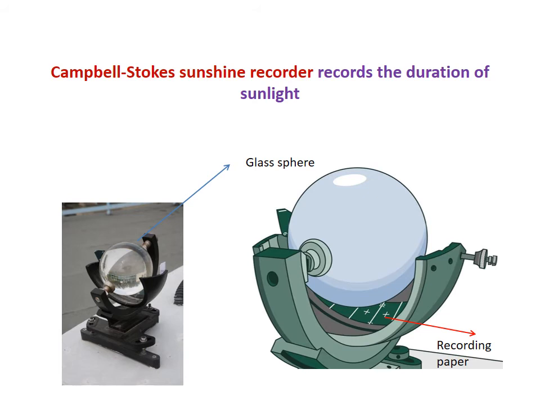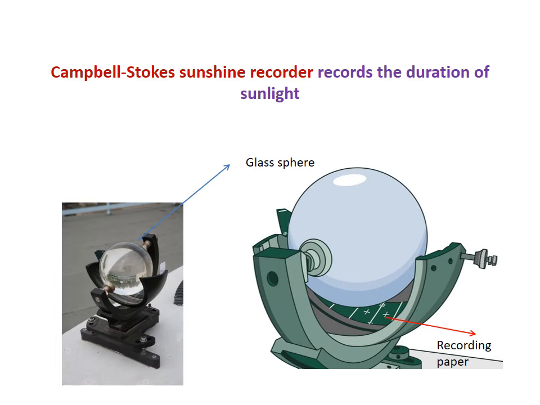This sphere, acting like a lens, catches the sunlight and burns this paper very uniformly in a narrow line, so that after taking out the paper, you can count for a particular period of time how many hours the sunlight was bright, how many hours it was very faint, and for how many hours there was no sunlight.